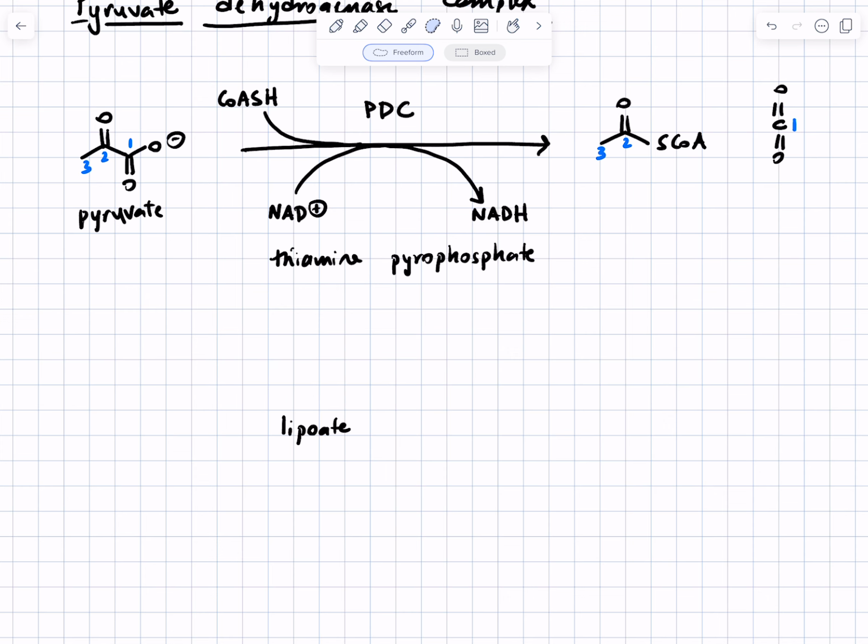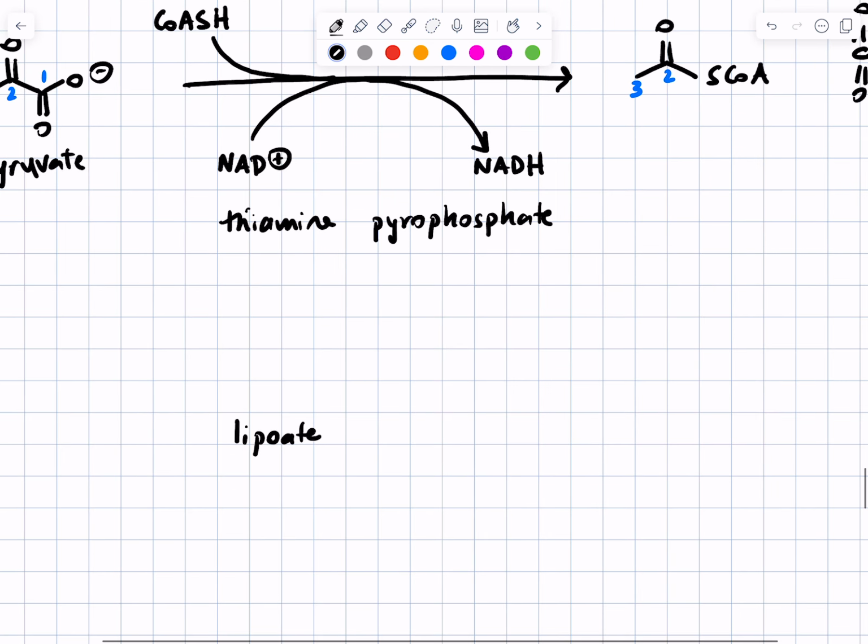Both of these are important pieces. They're decently large cofactors, and I'm going to draw them now, though fortunately, like NAD plus and NADH, you don't need to know the whole structure. It's just a sub-part of the structure that's most important. So I'm drawing now for you thiamine pyrophosphate. It has this weird sort of almost pyrimidine type looking ring attached to one carbon, and then there's this second ring.